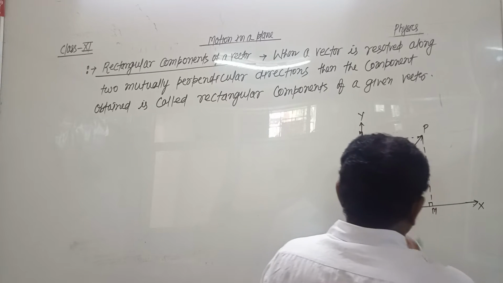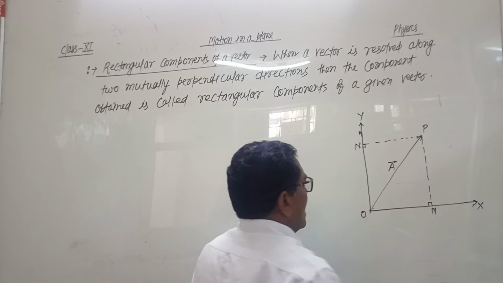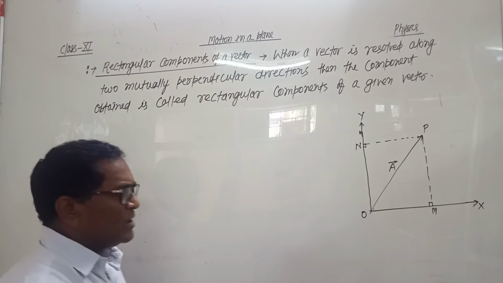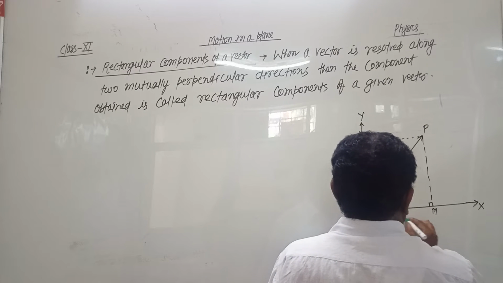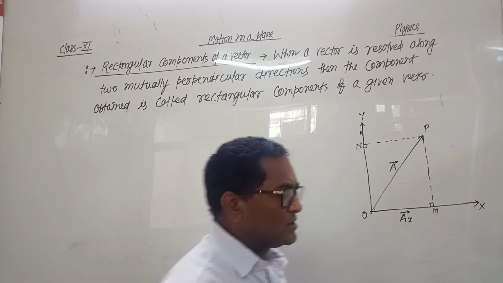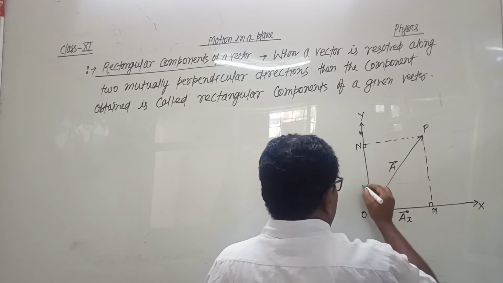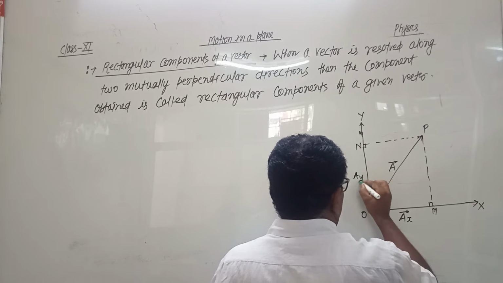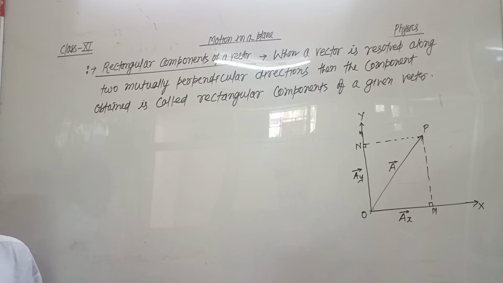Then these two components OM and ON are called rectangular components of vector A. Since this component is along the direction of x, it is represented by AX, and this component is along the direction of y, so it is represented by AY.